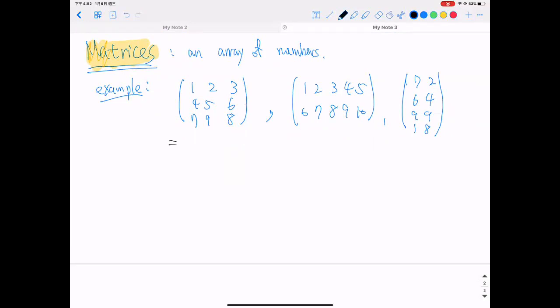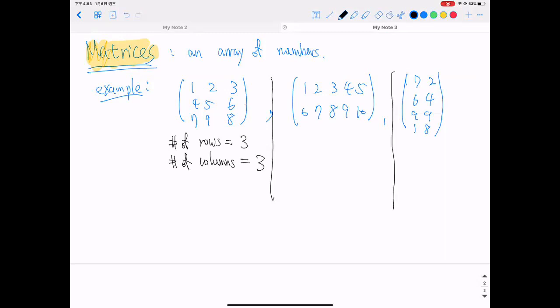The number of rows. In this example, the number of rows is 3. It's got 3 rows. The number of columns is also 3.